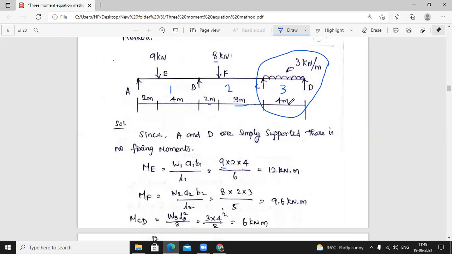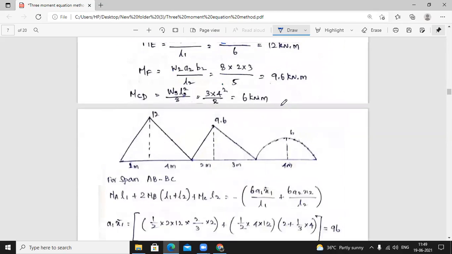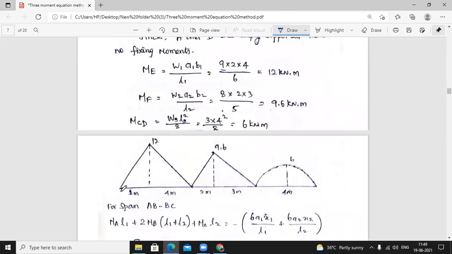So 3 into what is L? 4 meter. So 3 into 4 square by 8. We got 6 kilonewton meter. Now coming to the bending moment diagram. Since a point load is acting, the bending moment is a triangle having maximum intensity 12 for the first span. Next, coming to the second span, also a point load, so the bending moment intensity is 9.6.